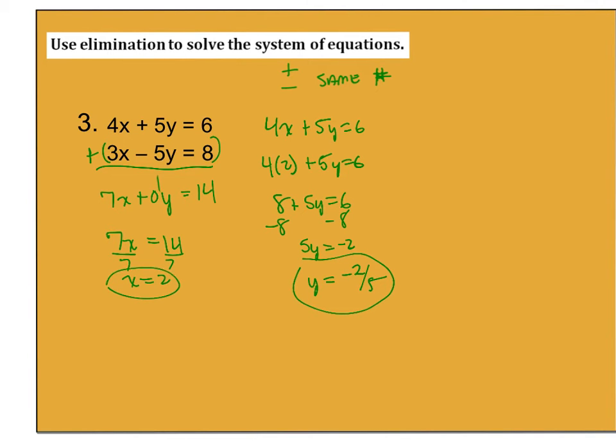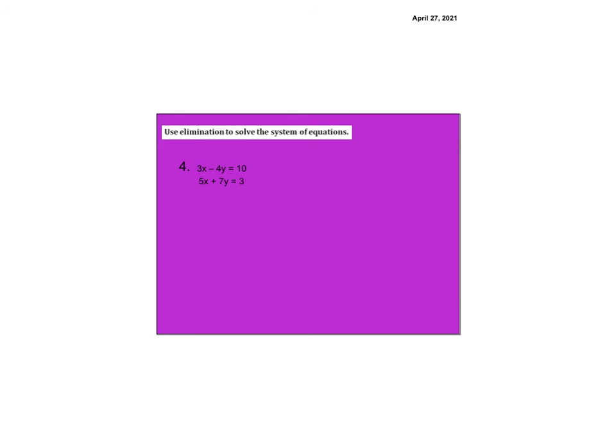So there's my answer. So I know what x is, 2, substitute that in. Yeah, that's all I do. But the key here is finding a plus and a minus of the same number in front.